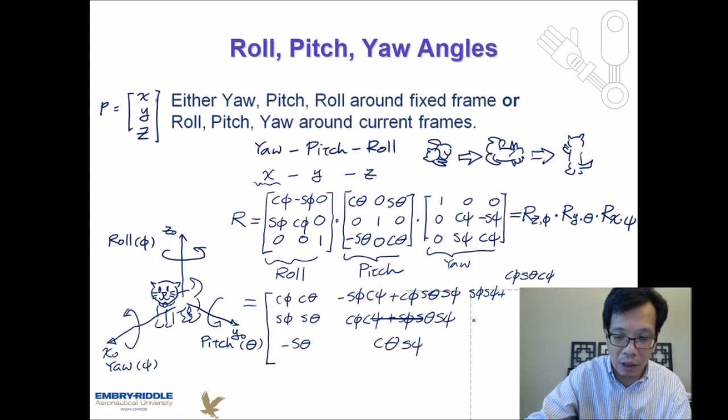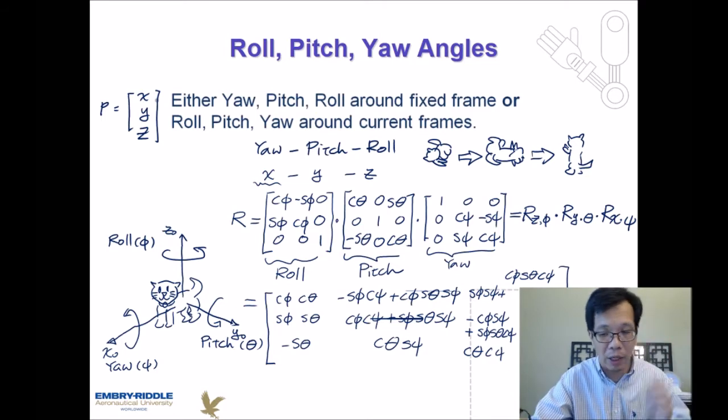The second component in this column is going to be negative cosine phi, sine psi, plus sine phi, sine theta, cosine psi. Over here, this is going to be cosine theta, cosine psi, and this is going to be my matrix.